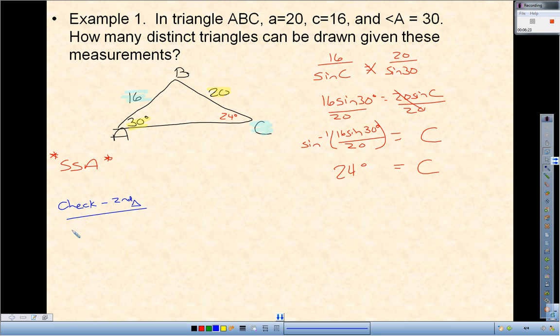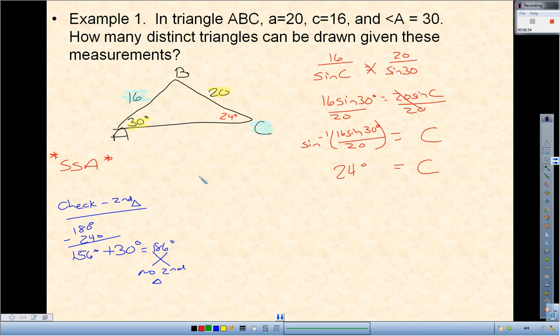The way I do that is I take the angle I just got and subtract it from 180, which gives me 156 degrees, and then I add the original angle I was given, which is 30 degrees, but that gives me 186 degrees. That's more than 180, so there is no second triangle. There's only this one triangle.